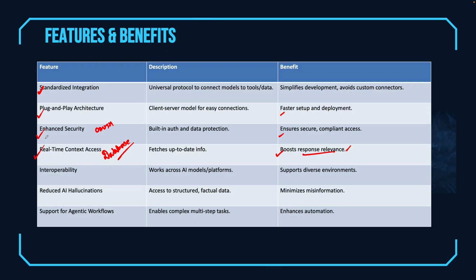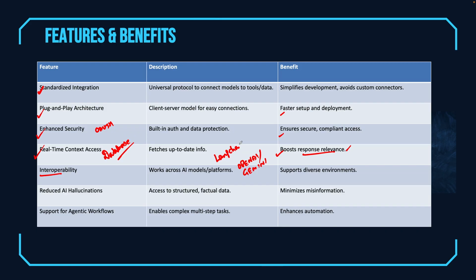The next major important benefit of MCP is interoperability. What it means is that you can work across AI models, you can work across platforms, and that's the beauty. Today I am on, let's say, OpenAI, right? The same code I can use in Gemini. Let's say I'm using LangChain today.